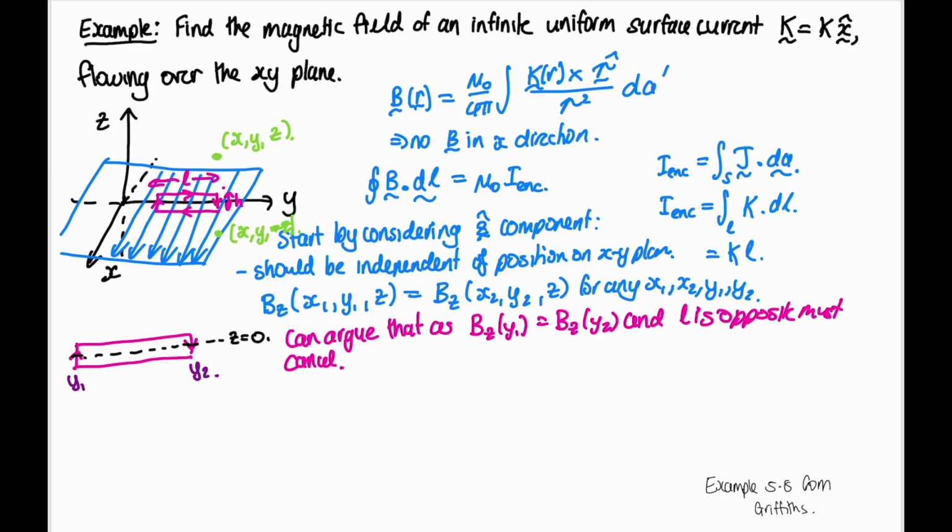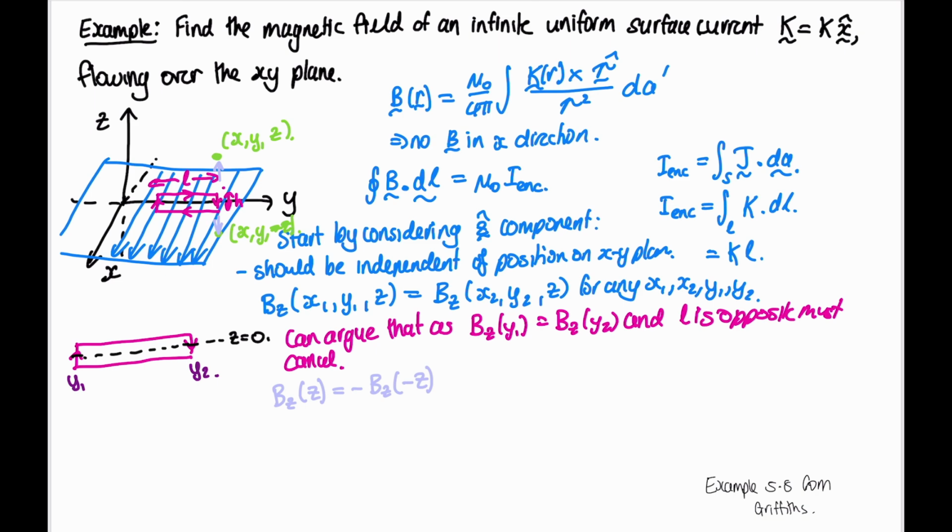So if the magnetic field was pointing up at this point, it would have to be pointing down. So as an equation, we can write that the magnetic field in the z direction at z must be equal to negative the magnetic field in the z direction at minus z.